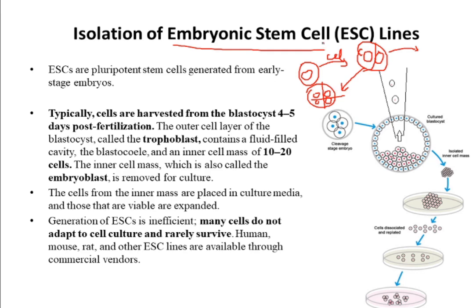So what is my point here? The sperm and egg produce fertilization. This is a diploid zygote. The diploid zygote divides by the process of cleavage. Now we are talking about human beings. As we have already discussed, 4 to 5 days post fertilization, once the fertilization is done, you will have this kind of developmental stage.